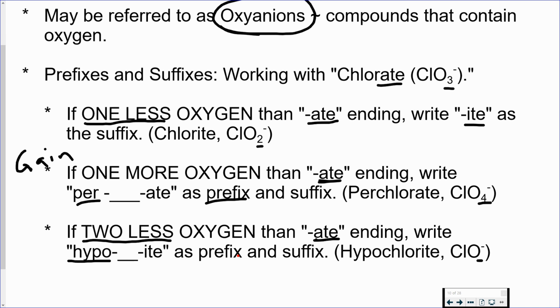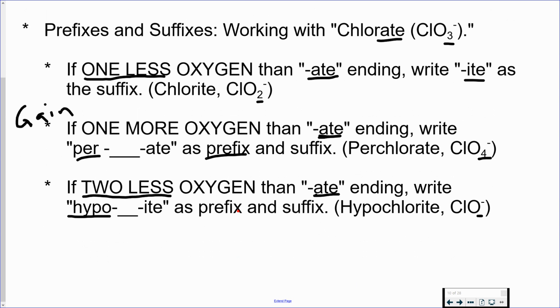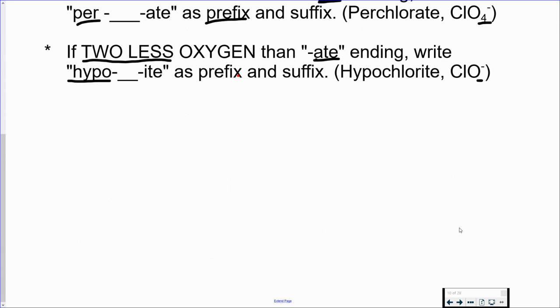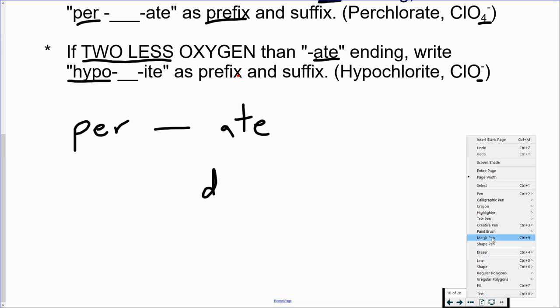So here's what I want to do. I'm going to go ahead and make a nice little chart here for you. So we're going to start with per-ate. Then it goes back to the -ate.